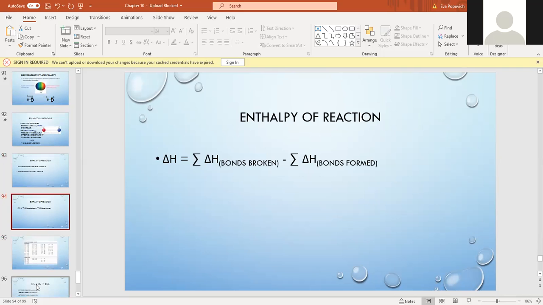Now, all of the numbers you're going to get in the chart that you're given are going to be positive numbers because it takes energy to form bonds. When bonds are broken, I'm sorry. Again, I do this every time.